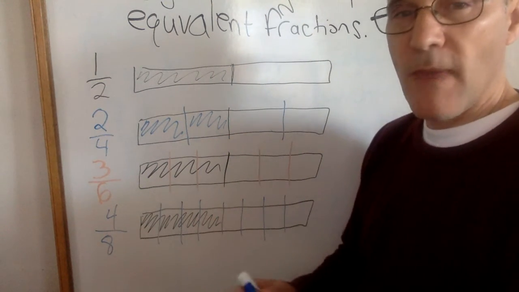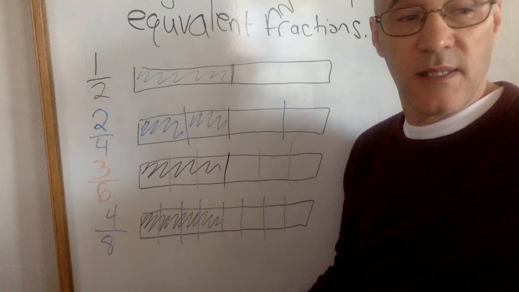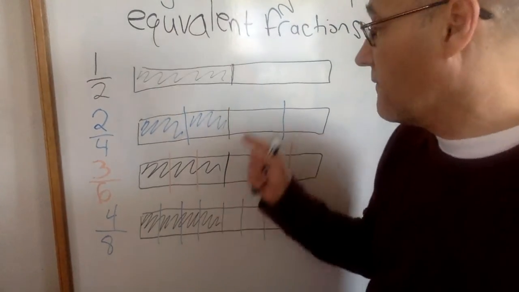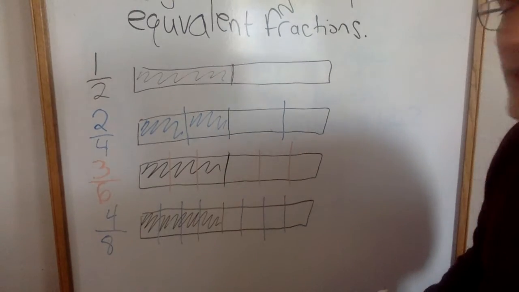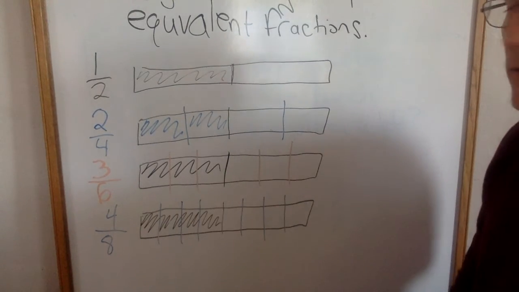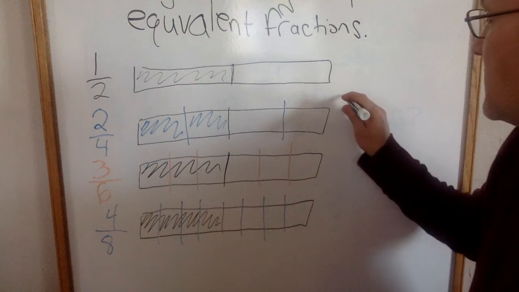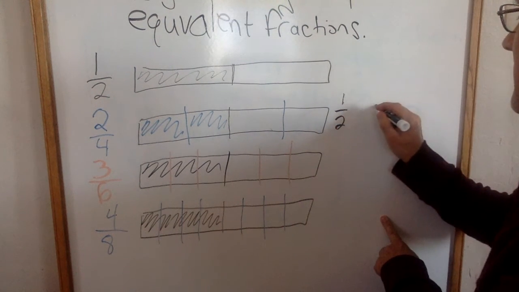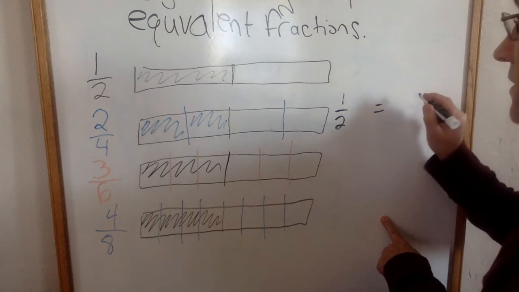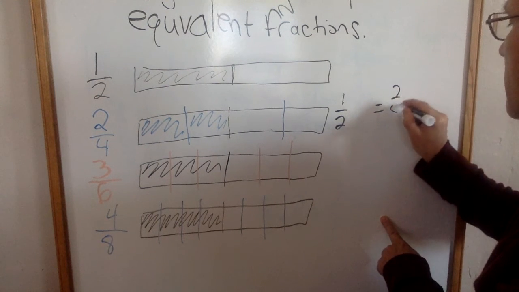Now, mathematically, I don't necessarily want to keep drawing fraction bars, especially when we get more complicated fractions. So mathematically, what can I do to change these? What changes 1/2 to 2/4?